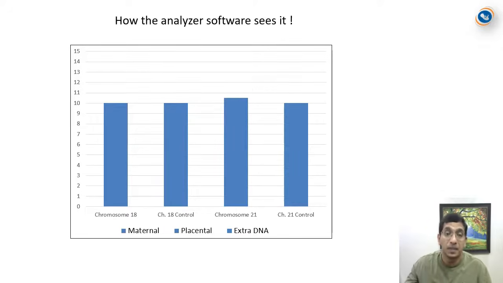But when it notes, and this point is very important, a slight increase in DNA corresponding to chromosome number 21, it concludes that the fetus has trisomy 21. Why? Because the mother obviously does not have Down syndrome, so the extra chromosome 21 DNA in the sample must be from the baby.